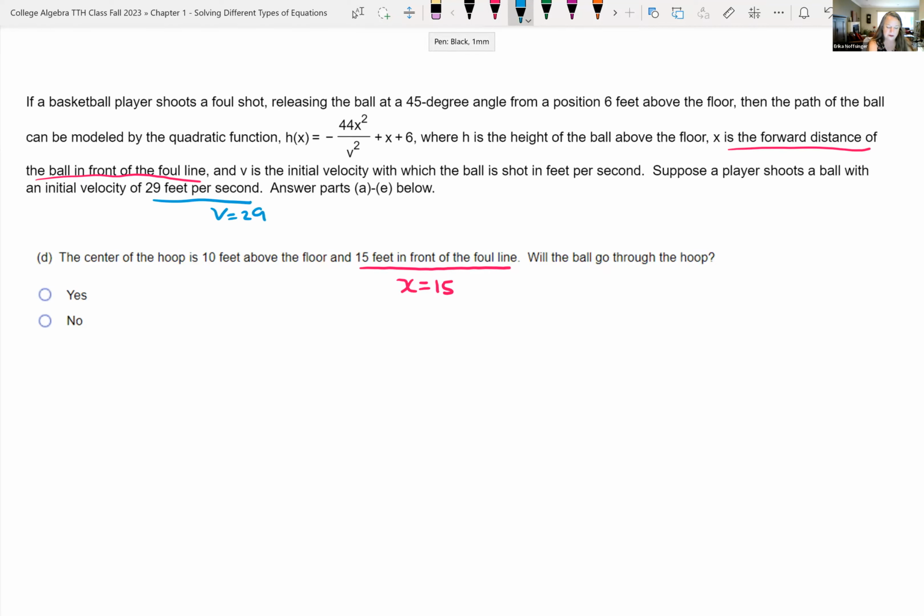And so we want to plug those values in to H of X and see if we get 10. So doing that, we have negative 44 all times 15 squared all over 29 squared plus X, X is 15, so plus 15 plus 6.